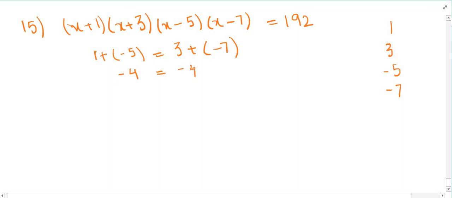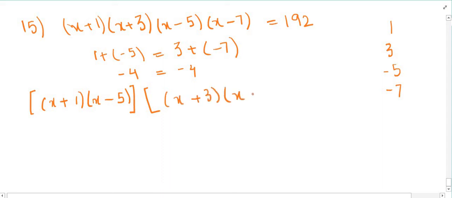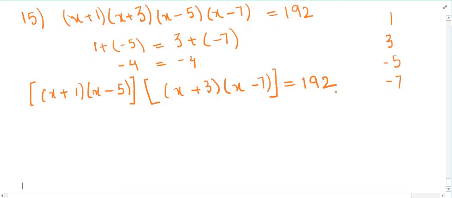So I am going to make pairs. First pair is (x + 1) and (x - 5). Second pair is (x + 3) and (x - 7) equals 192. Clear? Okay.